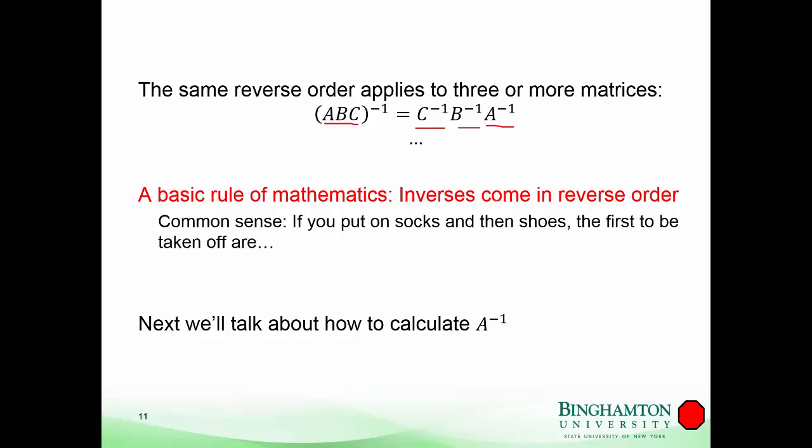And we talked about the importance of this inverse existing in the context of solving AX equals B. So if the inverse exists, we just take A inverse and left multiply onto the B matrix or B vector, and bam, we've got our solution.